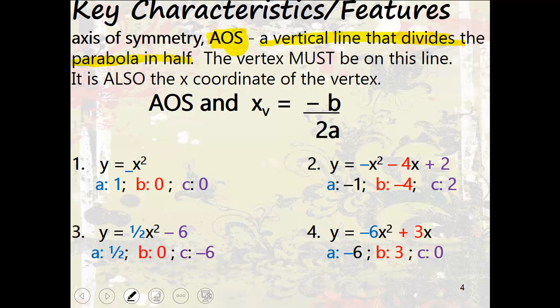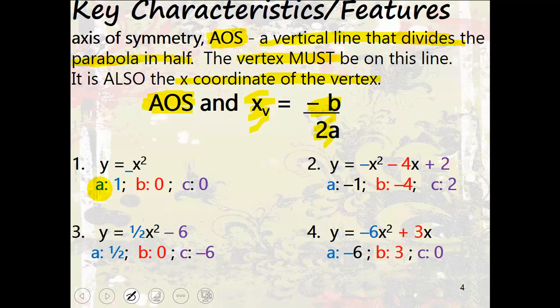This is the line that the vertex lies on, and because of that, it's also the x-coordinate of the vertex. So by finding this piece of information using this formula, I get two pieces of information: the vertical line and the x-coordinate of the vertex. So we're going to do that for these four problems. Here we go.